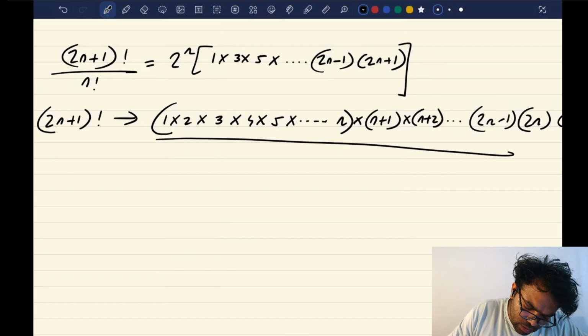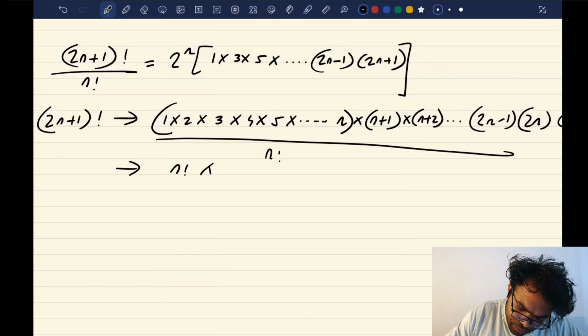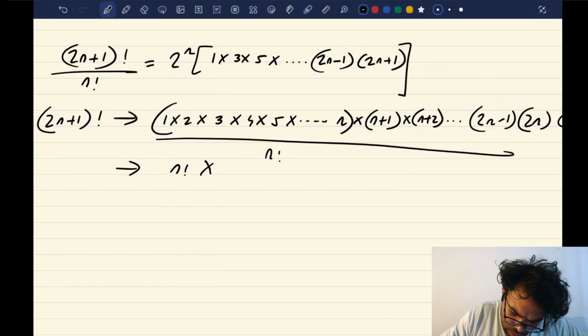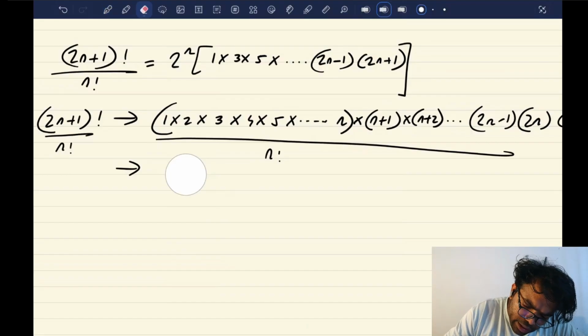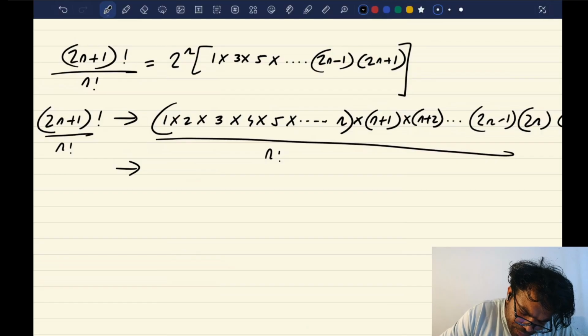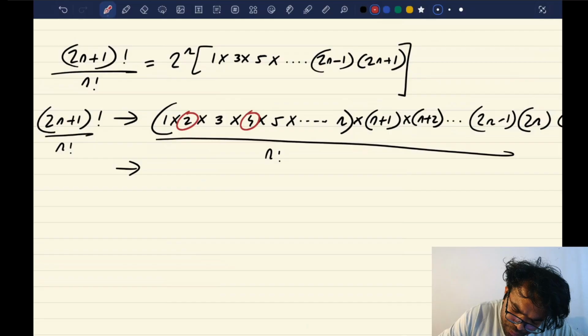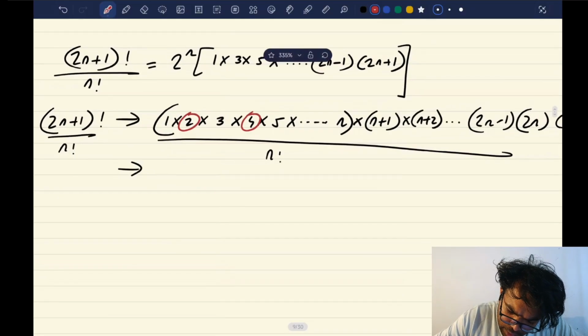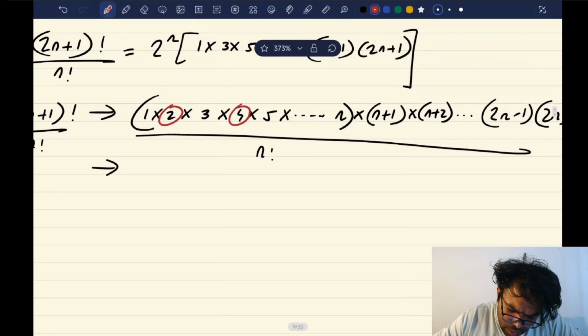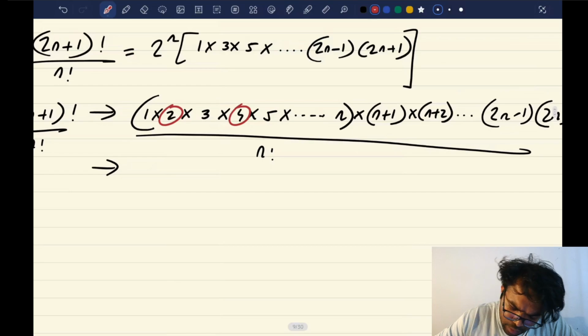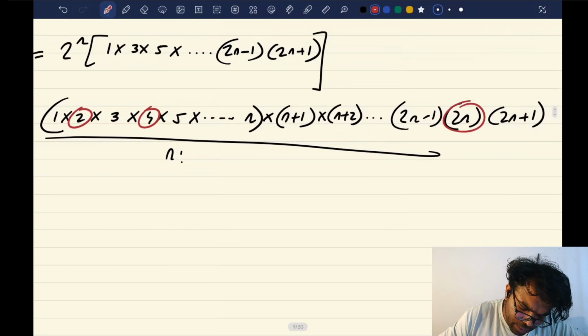Upon n factorial. So this becomes n factorial into, hold on. So let us take something common. 2, 4, then you have 2n.